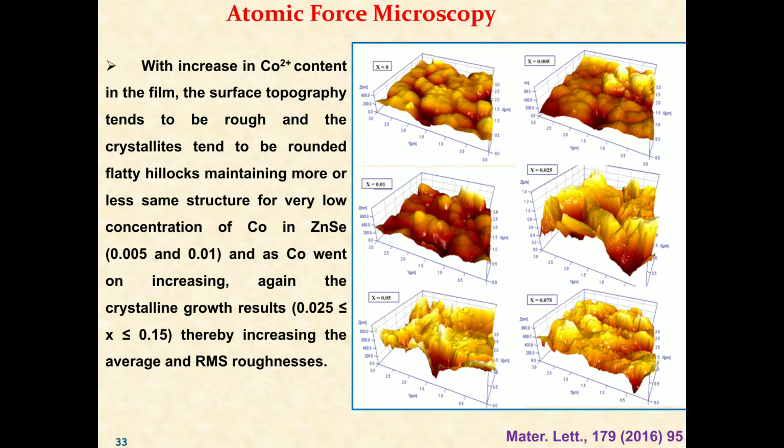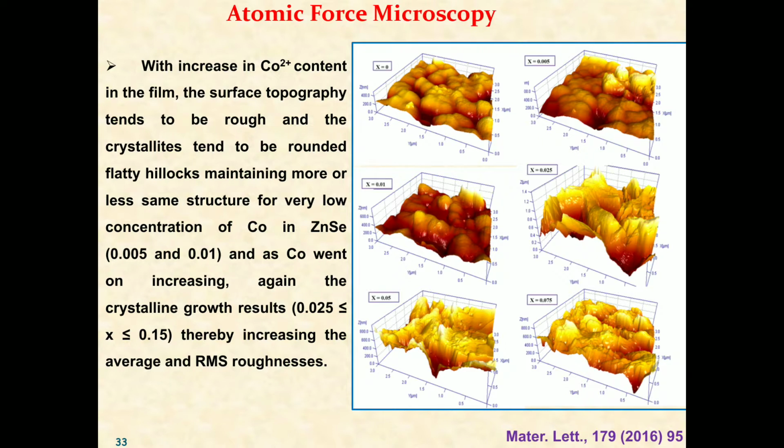With increasing Co content in the film, the surface topography tends to be rough and the crystallites tend to be rounded, flat hillocks, maintaining more or less the same structure for very low concentrations of Co in ZnSe, that is in the range of 0.005 to 0.01.